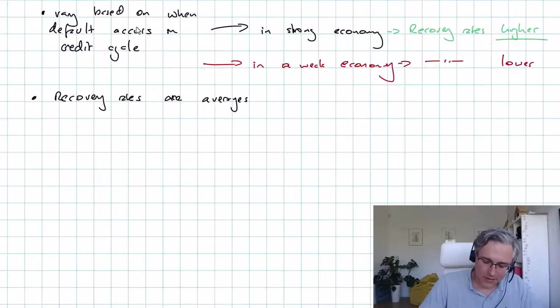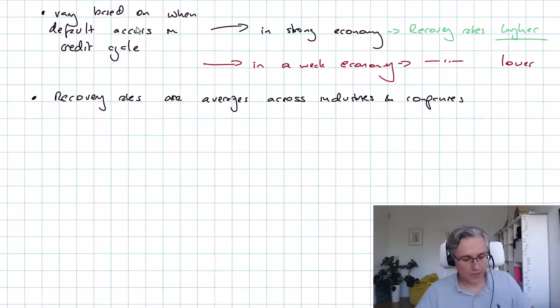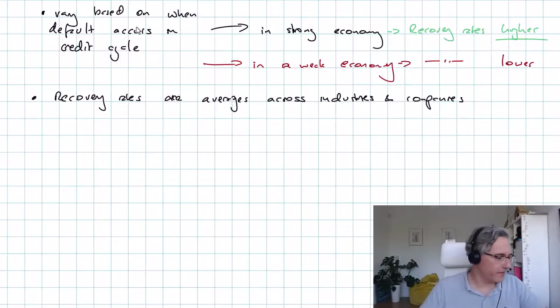They are based on historical averages, and those averages come from different industries, across industries and companies. So please treat them as averages. They are not indicative of what you may experience if a specific borrower defaults on their debt.